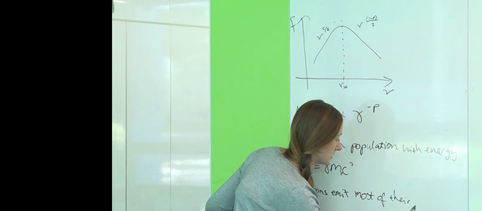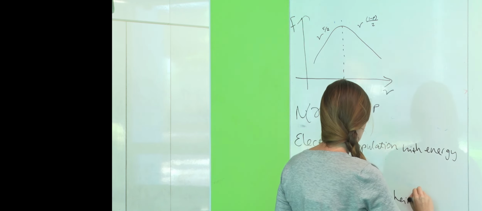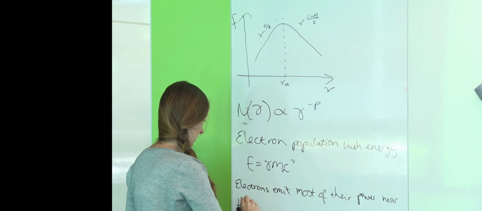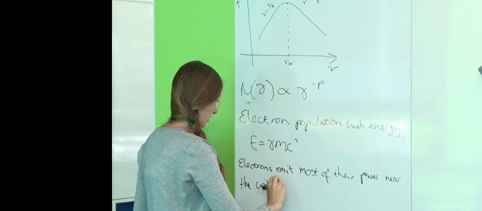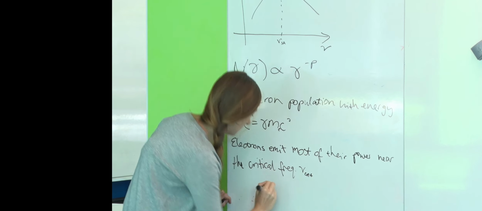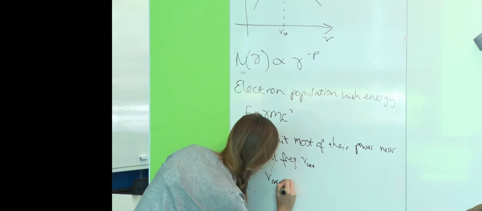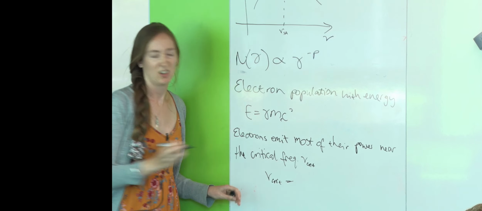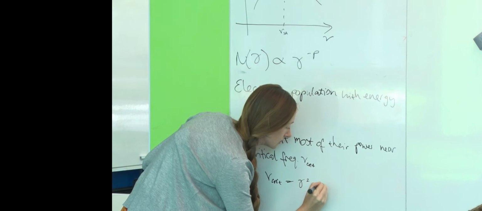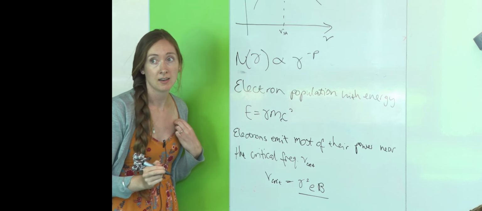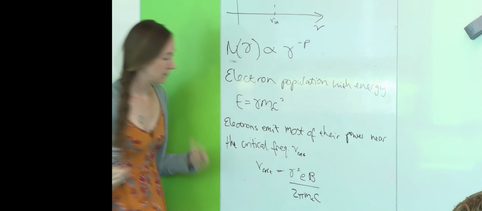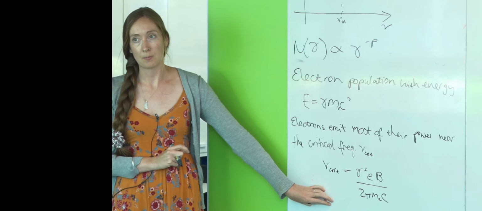And this critical frequency has a mathematical equation, the critical frequency, mu critical, which equals gamma squared E B, it's to do with the magnetic field because they're being accelerated around the magnetic field lines, over 2 pi mass of the electron, speed of light. So this is this critical frequency.